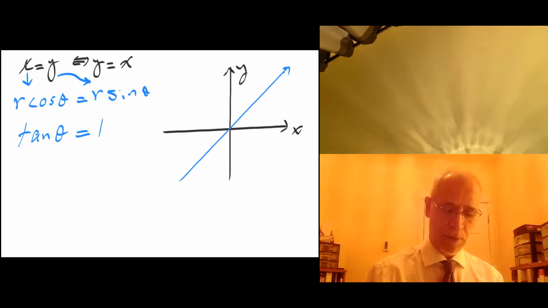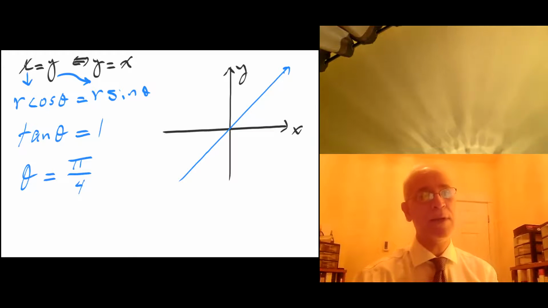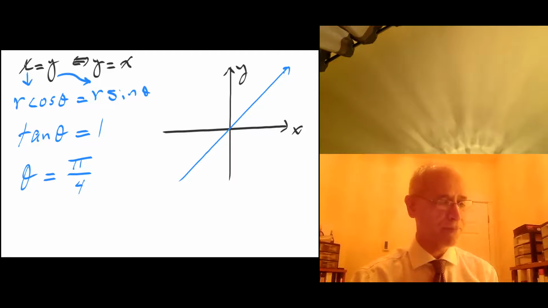And so my theta equals pi over 4, where sine and cosine have the same value. And as you can see, it's very consistent with my Cartesian coordinate. Theta equals pi over 4.